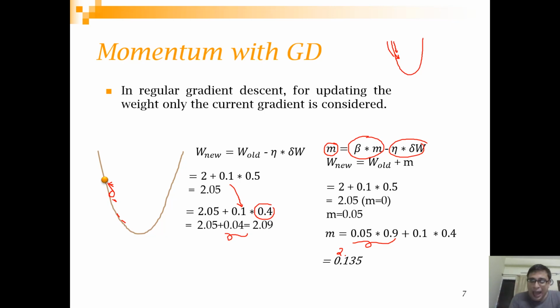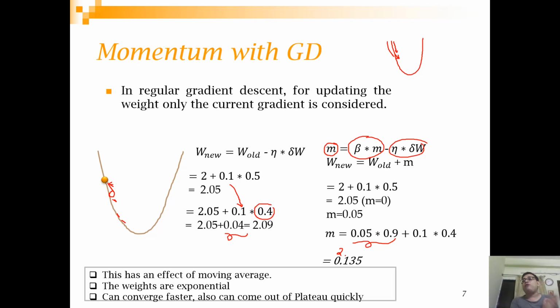And this has the effect of a moving average. Not only a moving average, it actually has the effect of an exponential moving average. What we mean by that is that the last gradient is given a weight of 0.9, if you think in that manner.